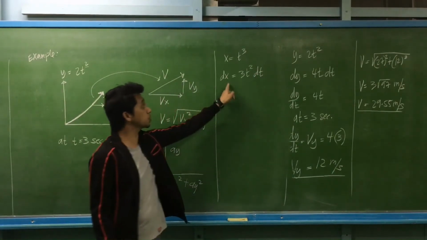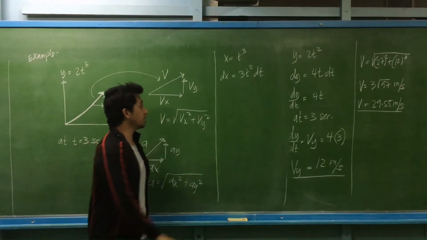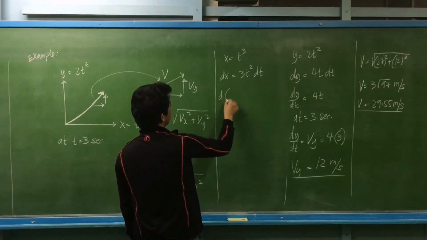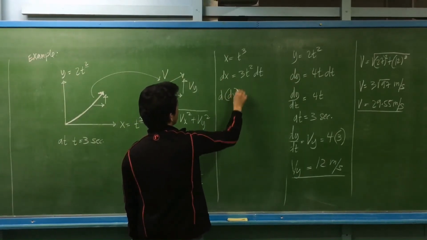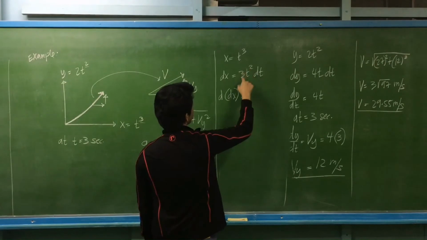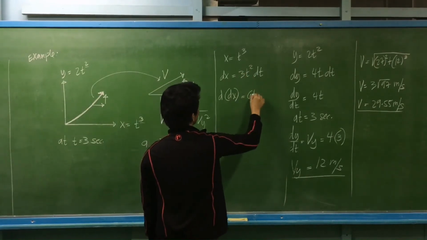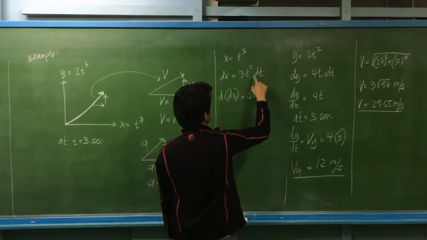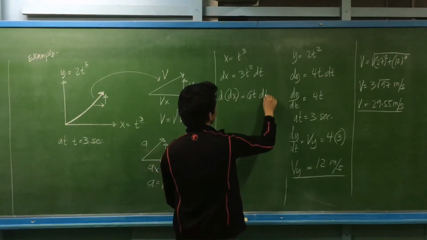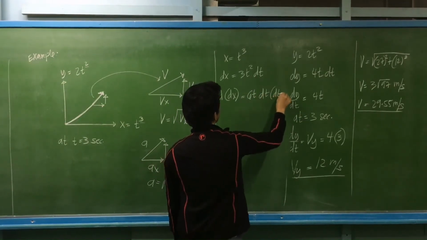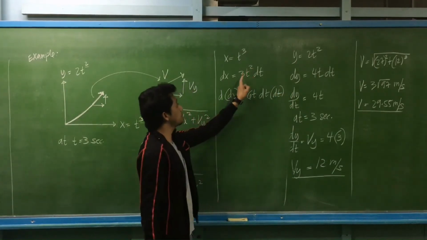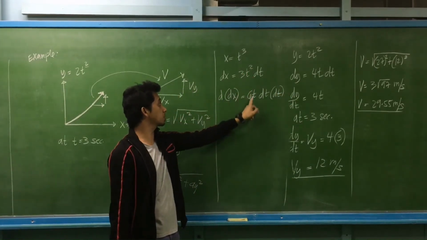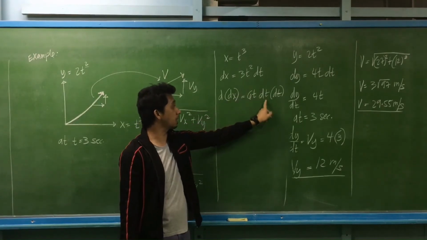So that is the first derivative. Second derivative, kunin natin yung derivative of dx, is equal to 3, or 2 times 3 we have 6t. Derivative of t is dt.